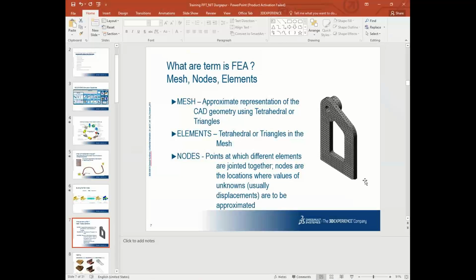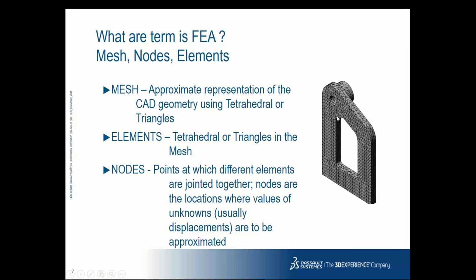When I move to this particular slide, you can see that the whole bracket has been divided into a small number of parts. I have just drawn a single part out of this. A combination of these parts forms this particular bracket. Why is this necessary? In order to calculate the results, SolidWorks doesn't understand the CAD data. It needs to capture the geometry that is involved.